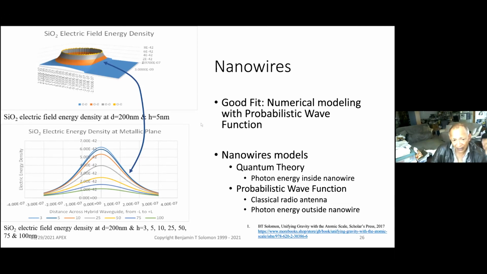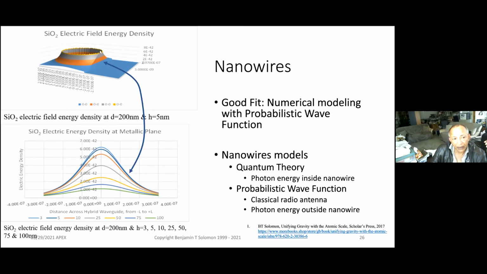And I said, okay, let me try see what happens. Originally, I used the Var-Gamma distribution, but later I came back when I finally settled on the probabilistic wave function. I repeated all those modeling with the probabilistic wave function. And it basically gives the same results or equivalent results to quantum theory's wave function.